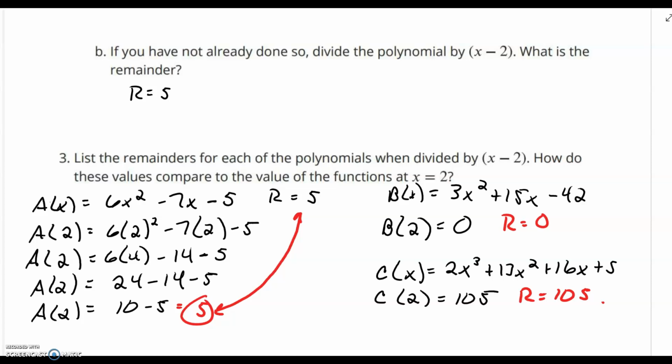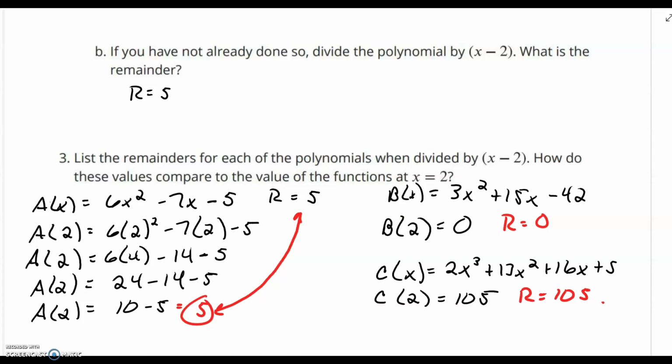Okay, so what we're just showing you is that when you use synthetic division and you divide out a polynomial, whatever remainder you get is going to be the value of that function evaluated at that x value. Okay, and we talked about this before. This is just a way to show you and to prove to you that that always works.